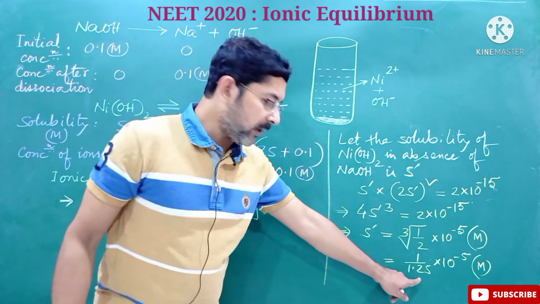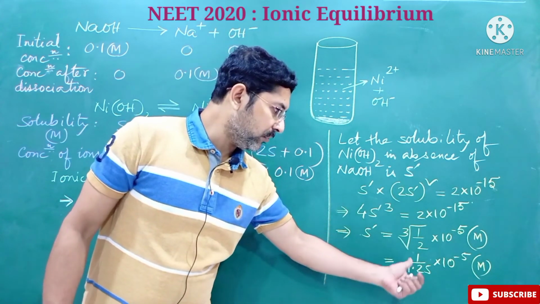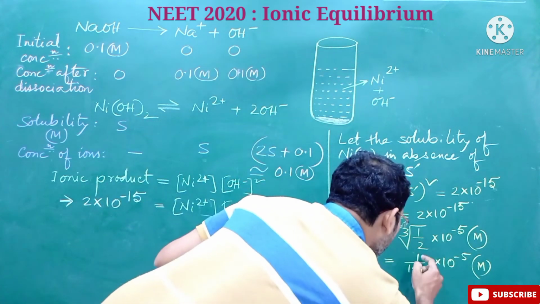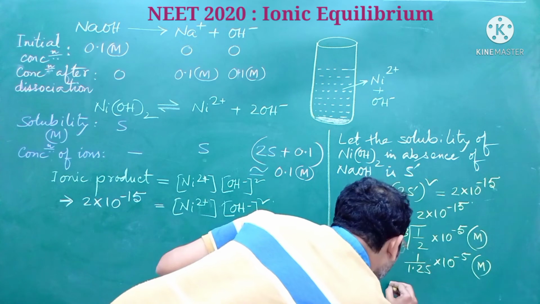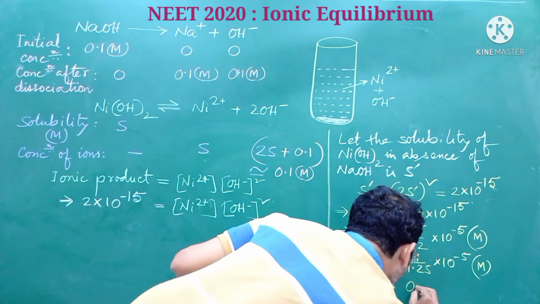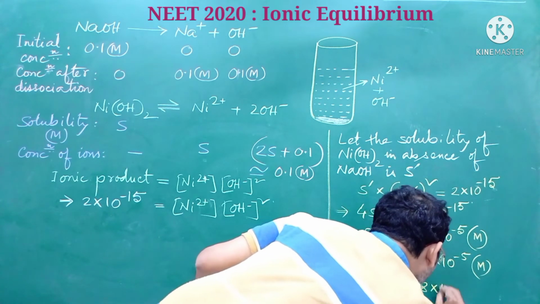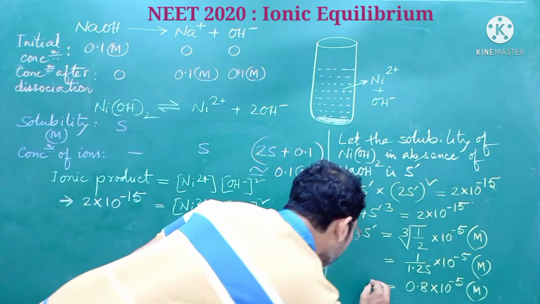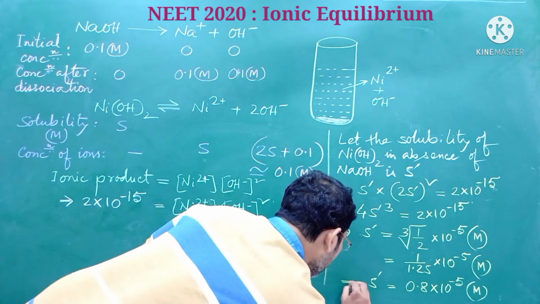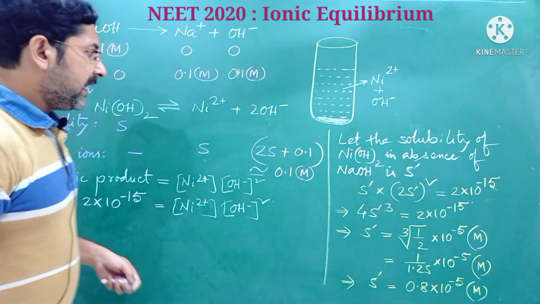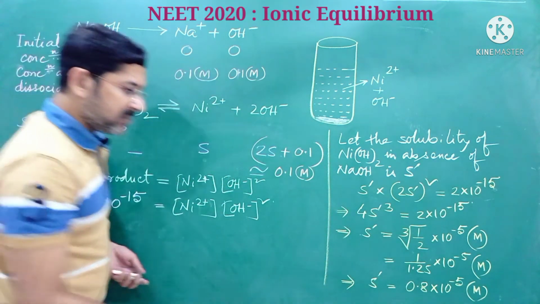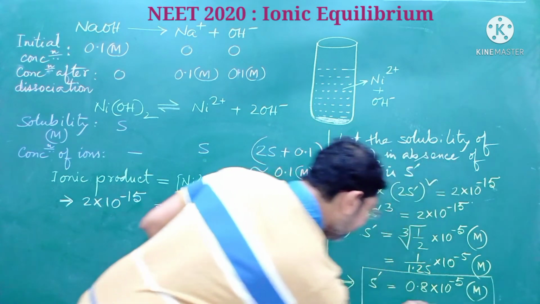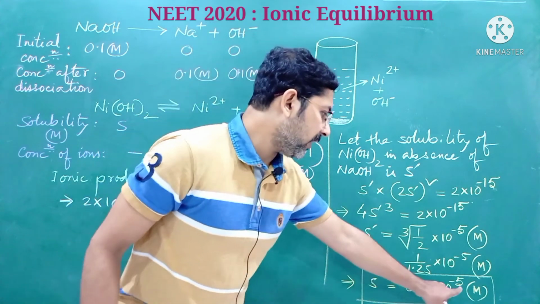And 1.25 means 5 by 4, so this is 4 by 5 into 10 to the power minus 5, which is actually 0.8 into 10 to the power minus 5 molar. This is the solubility of nickel hydroxide in absence of sodium hydroxide, so S prime is in the order of 10 to the power minus 5.